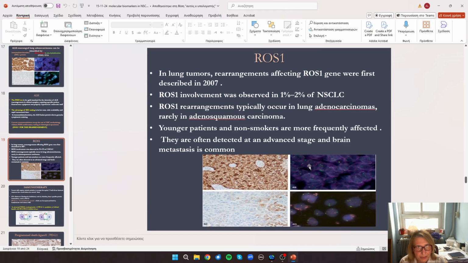ROS1 rearrangements were first detected in 2007 in lung cancer.